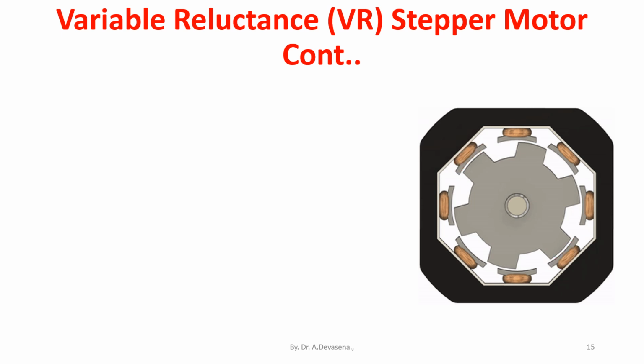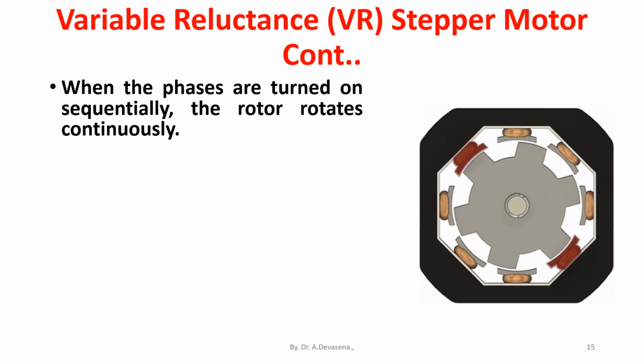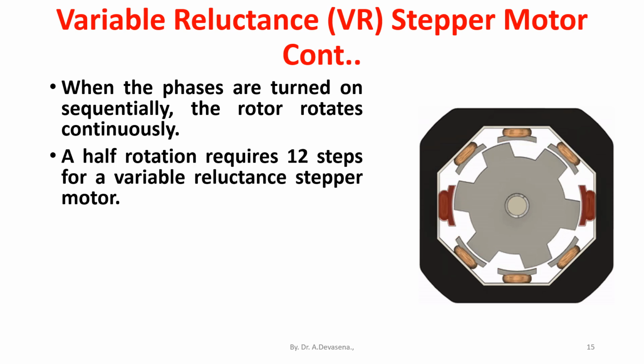When the phases are turned on sequentially, the rotor rotates continuously. The full rotation requires 12 steps for this variable reluctance motor. Typical variable reluctance motors have more teeth and use a toothed pole along with a toothed rotor to produce step angles near 1 degree.